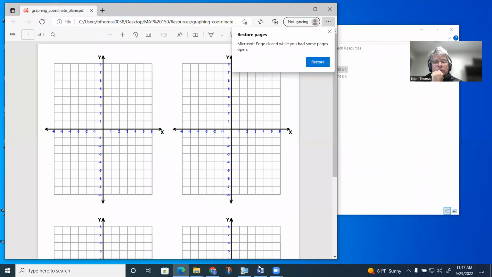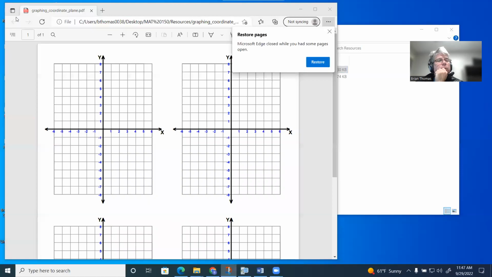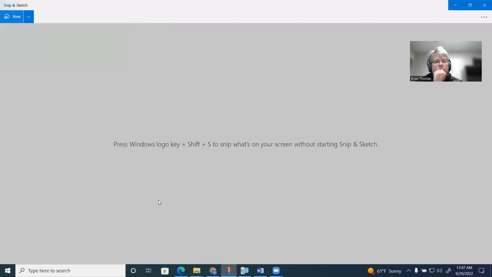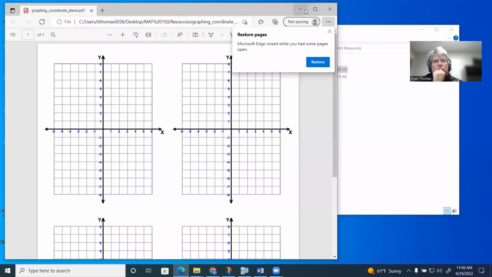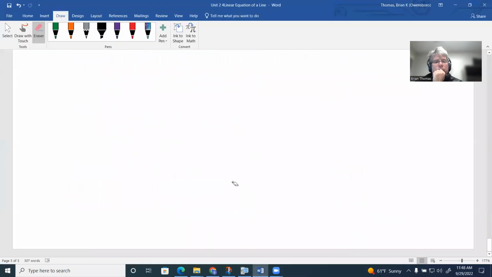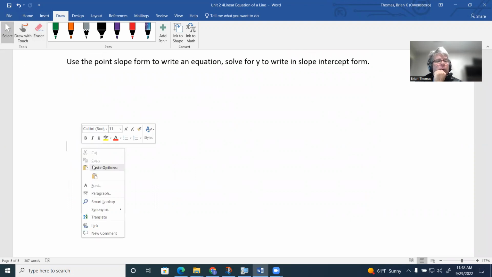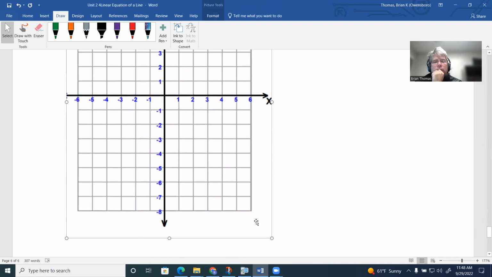That's a little bit better. Let's paste this down here somewhere. Let's make it a little bit smaller.